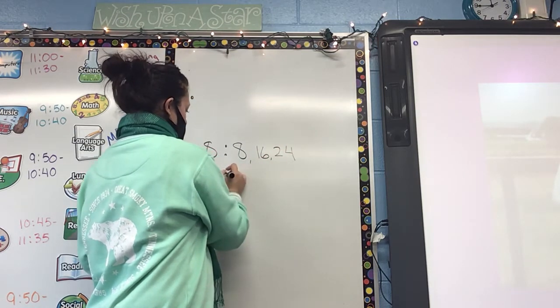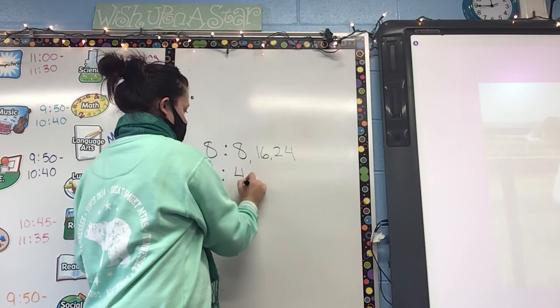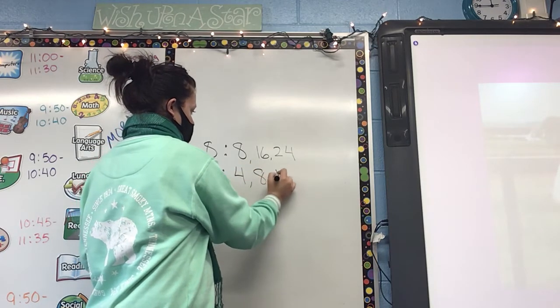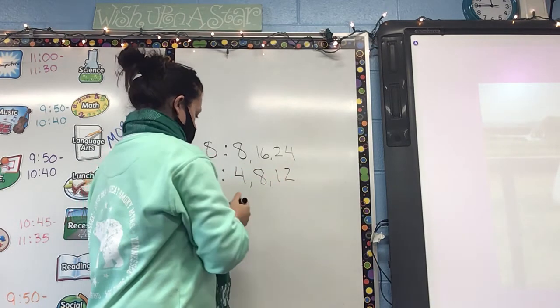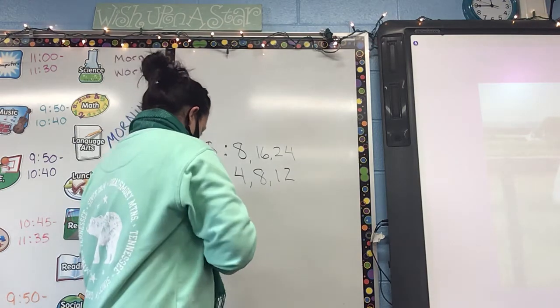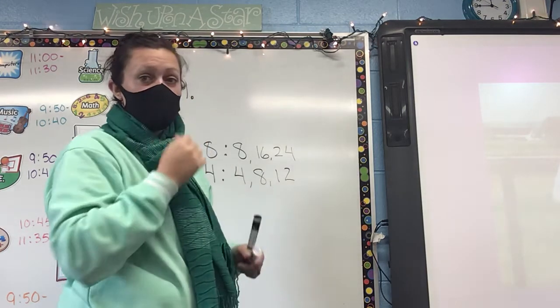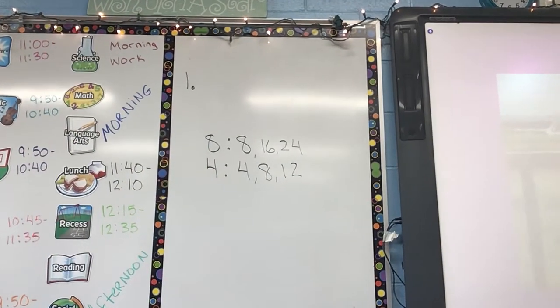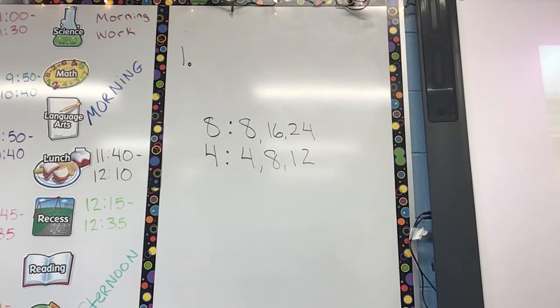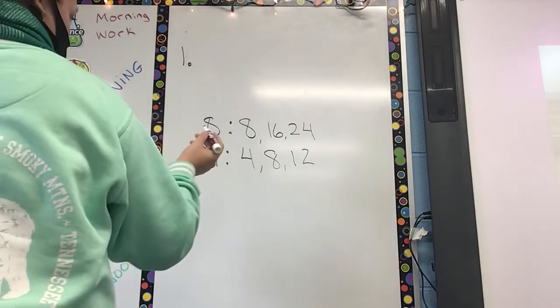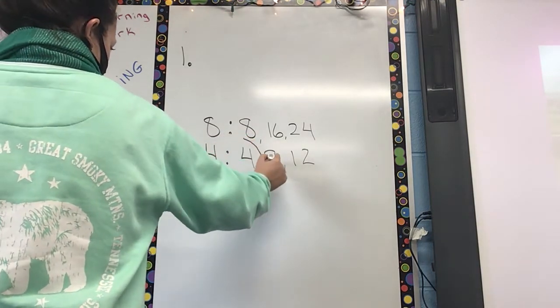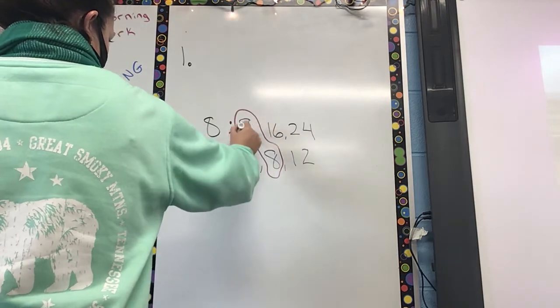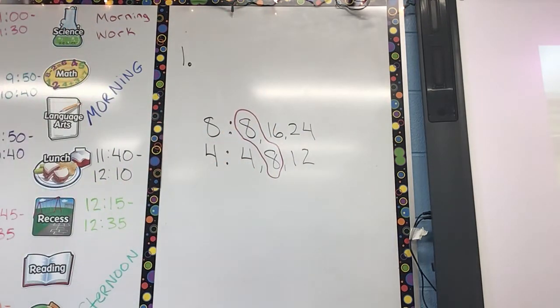What are going to be my multiples of 4? 4, 8, 12, 16. All right. And LCM means I need to find the least common multiple, least meaning the smallest. What is my LCM for 4 and 8? 8. Very nice. So that is what we talked about yesterday.